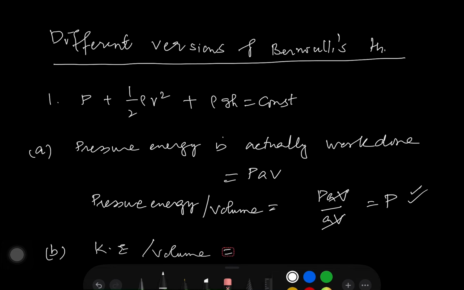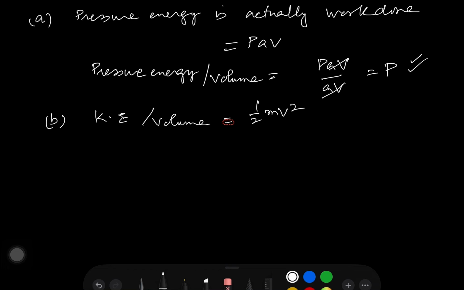P को डिफाइन कर दिया, अब हम डिफाइन करते हैं एक और पॉइंट, kinetic energy per unit volume. Kinetic energy is half mv square, and when you are talking about per unit volume, suppose capital V is the volume, mass upon volume is density.